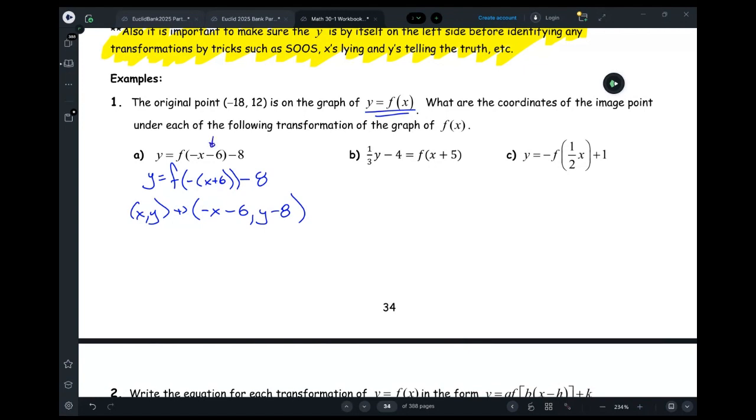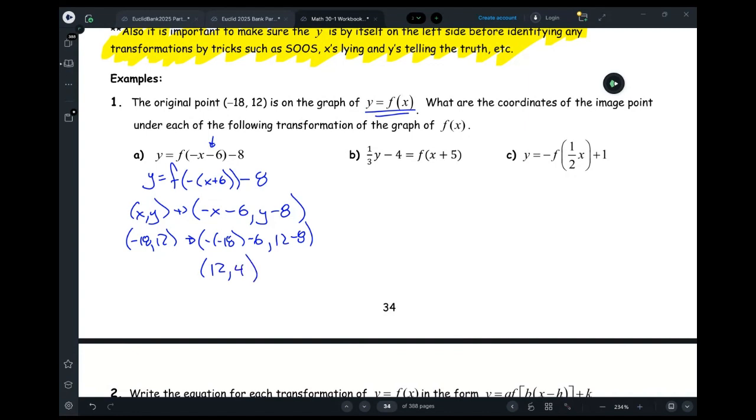There needs to be a separation between that coefficient and the translation. But now I can just put negative 18, 12 in. So it's going to be the negative of negative 18 minus 6, and then this is going to be 12 minus 8. So what is that going to be? That's going to be positive 18 minus 6 will be 12. 12 minus 8 is going to be 4.